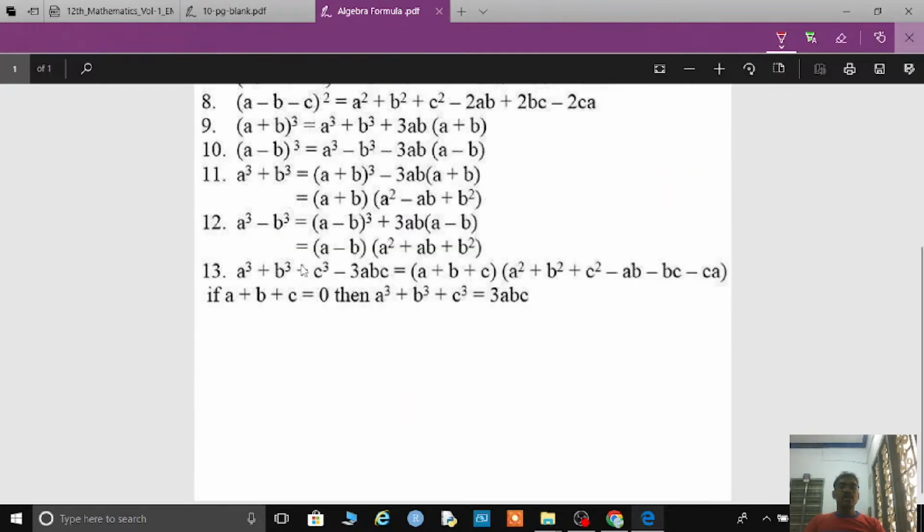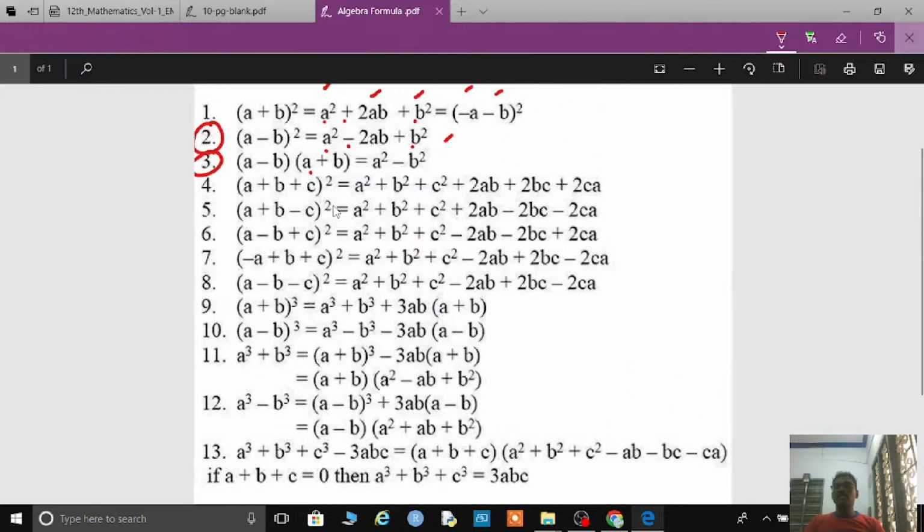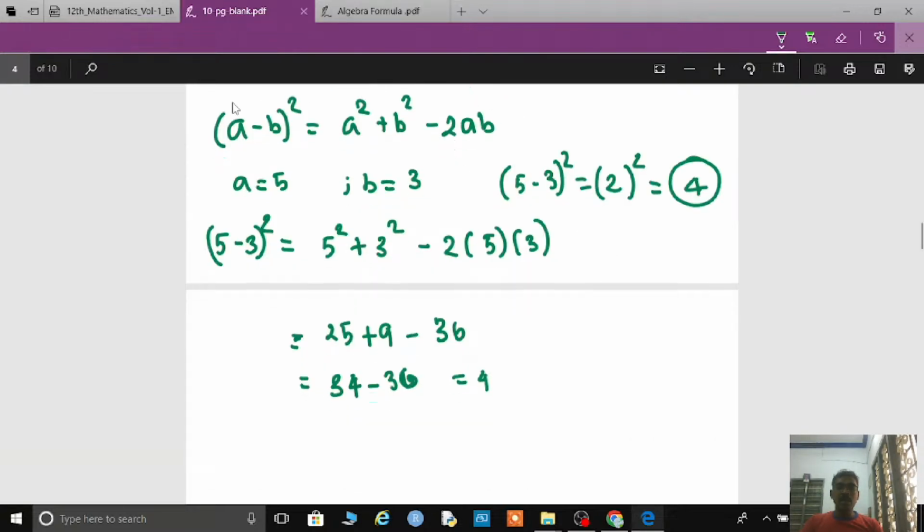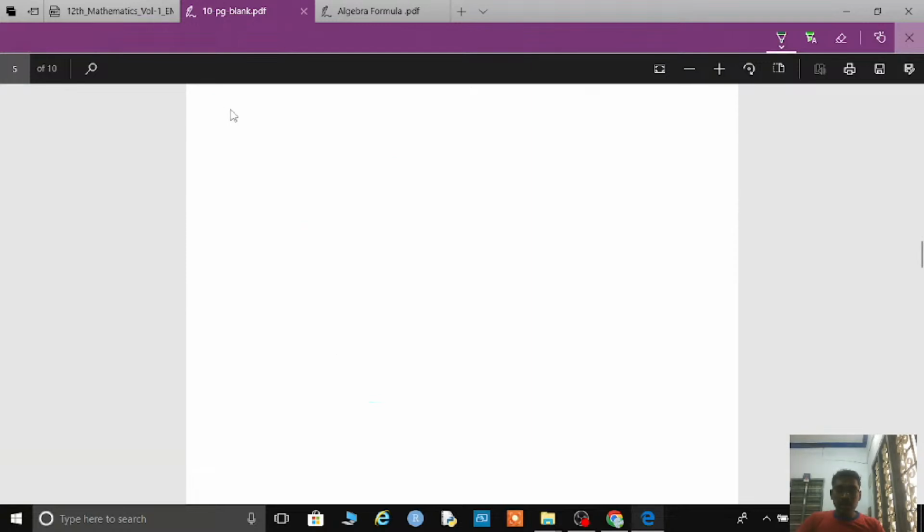So the next formula is (a plus b) into (a minus b), which is nothing but a square minus b square. So how can we derive this? We can write (a plus b) into (a minus b) equal to a square minus b square, and replace a equal to 5 and b equal to 3.